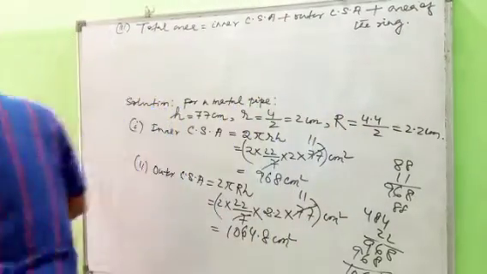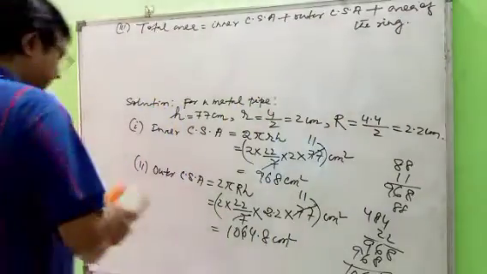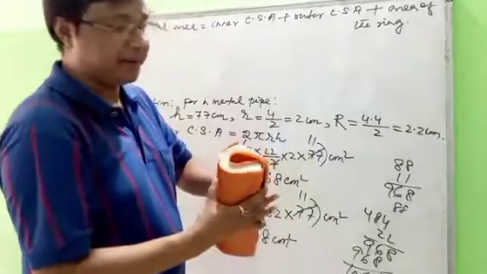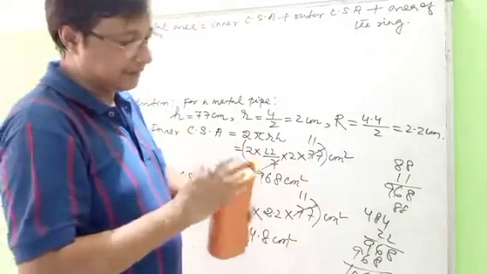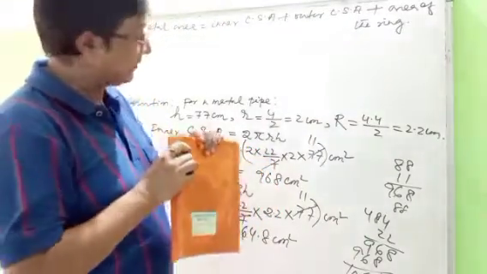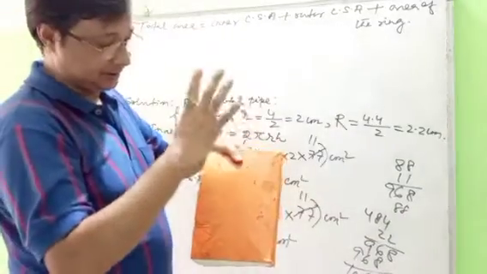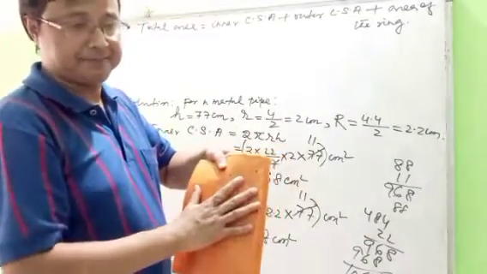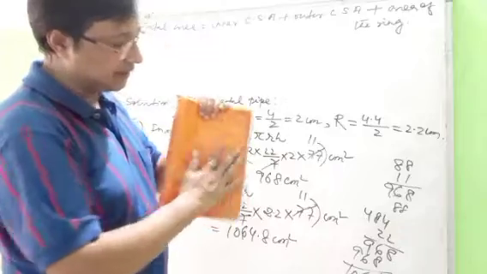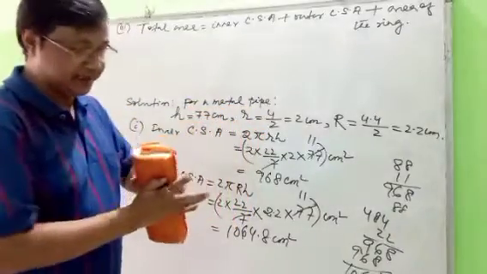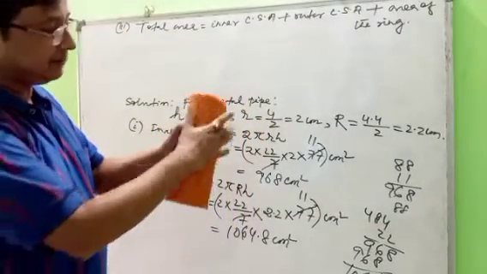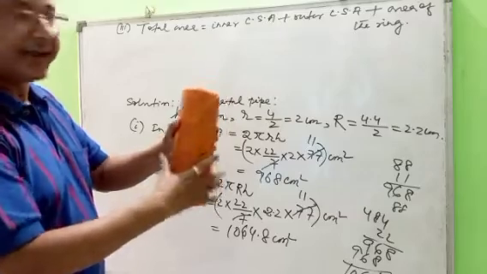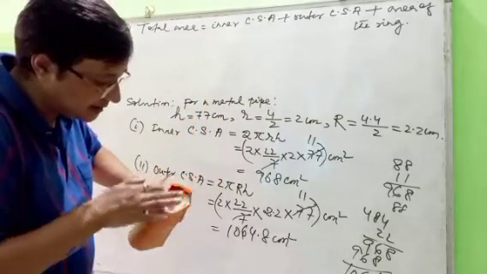So let us take this as the pipe. Now you have seen that they have asked how much surface is there in the pipe. So you have got the inner surface, then you have got the outer surface, and then you have got one more, that is the ring area.